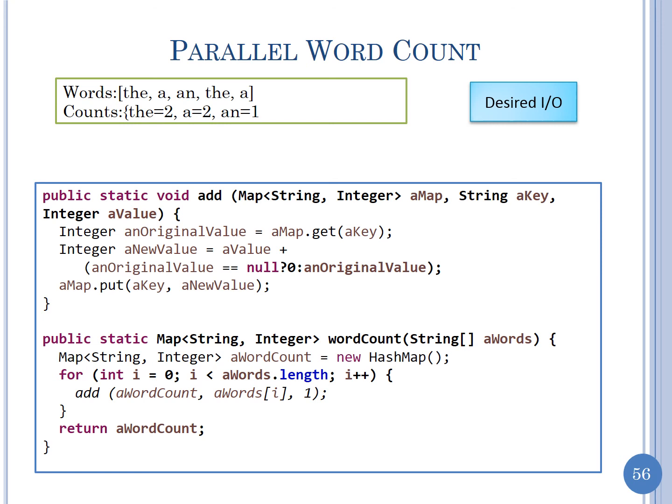I could have, forget about parallels, let's just do it sequentially. I could have word count, take a string of words, and create a hash map in the beginning.